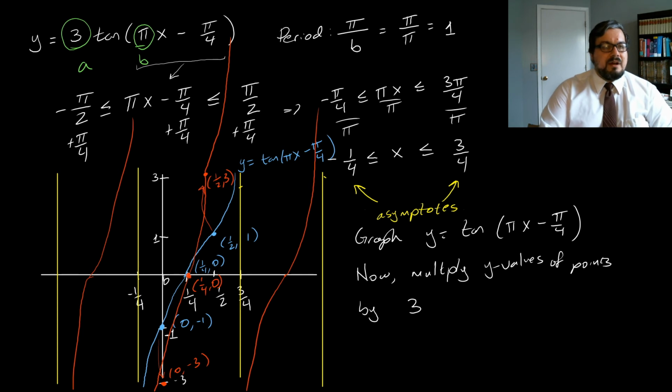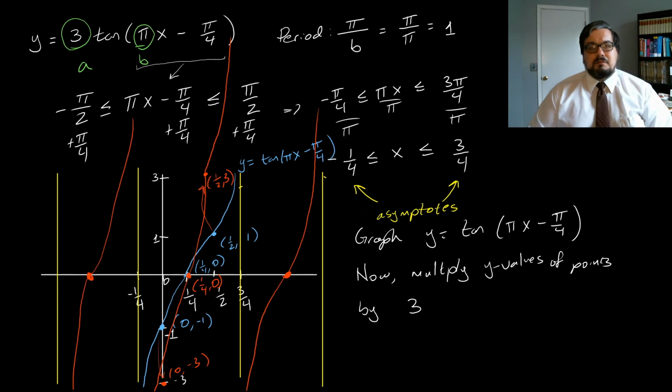And in order to figure out what the points on this graph are, you can look at the period. The period is 1, which means that as we move from one period to the next, we've shifted to the right by exactly 1. So this point 1/4, 0, when we shift it 1 to the right, gives us the point 5/4, 0, and that's also on the graph of the red function that we're graphing out.